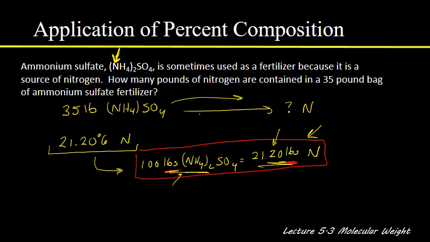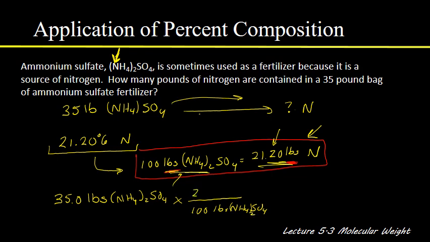Okay. So the math would look like this. Then we would set up our conversion factor like that, and our pounds of ammonium sulfate would cancel, and we would end up with 7.42 pounds of nitrogen.